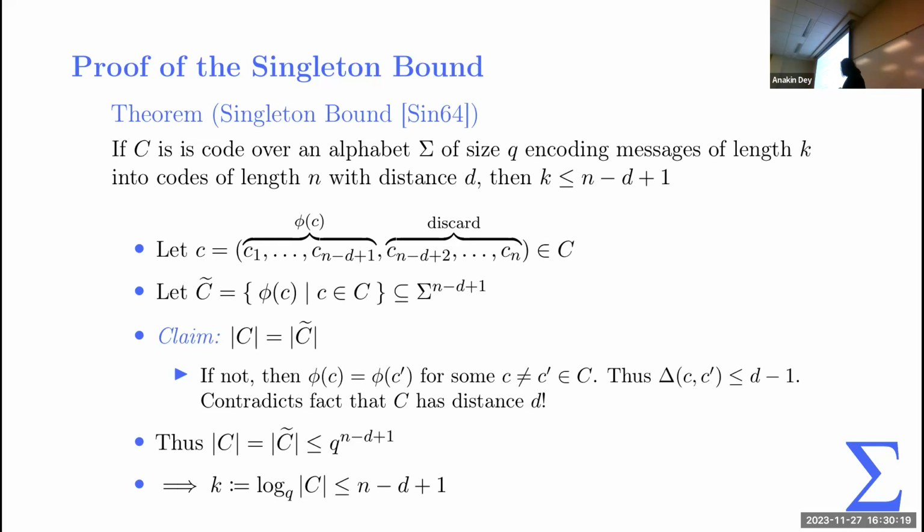So that means k, which by definition is log base q of the size of the code, is less than or equal to n minus d plus 1. And so we get this proof of the bound via simple contradiction. Make sense? Right.